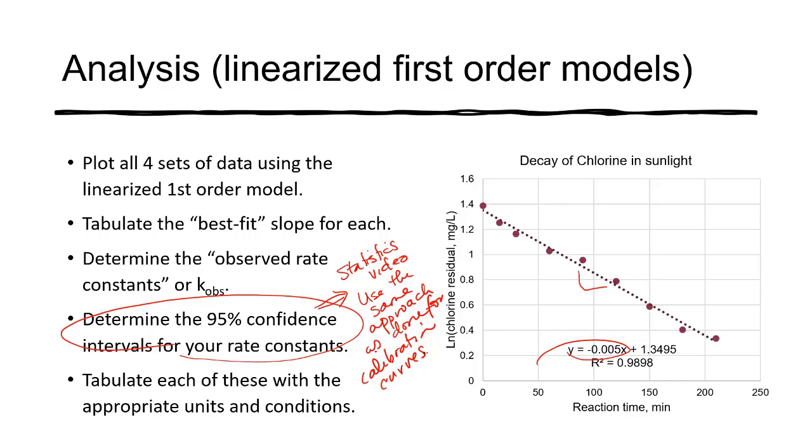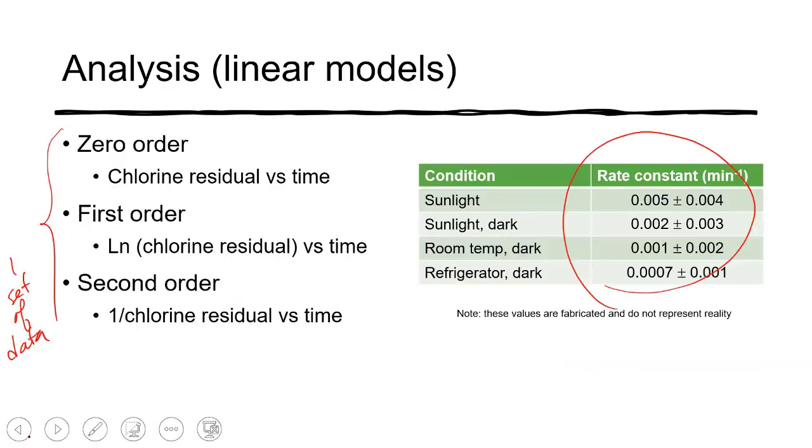It's exactly the same approach. You have a linear relationship, and you then can determine the confidence interval for the rate constant. So you will have k plus or minus some confidence interval at the 95% confidence level, and that is what you will report in the table.